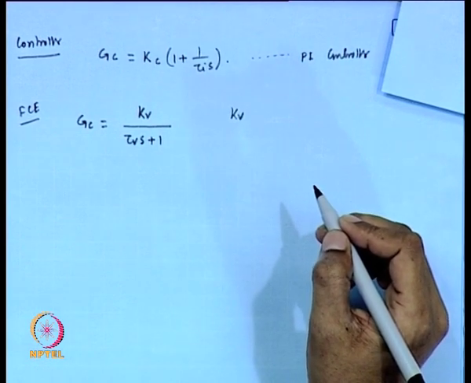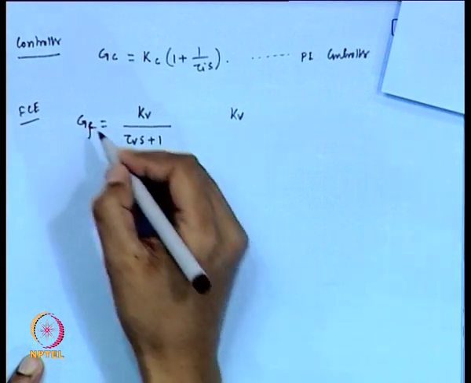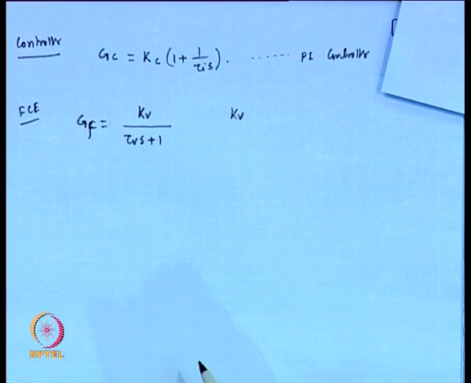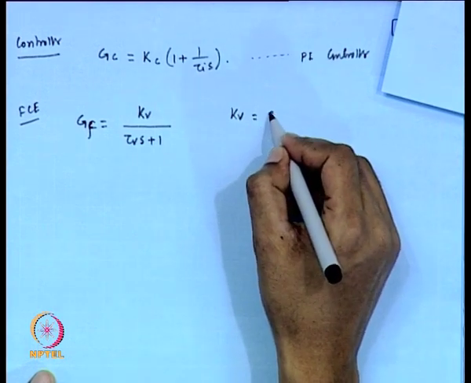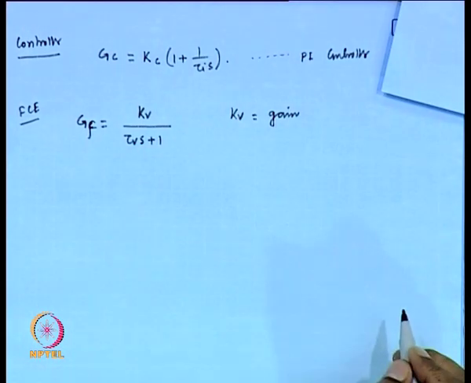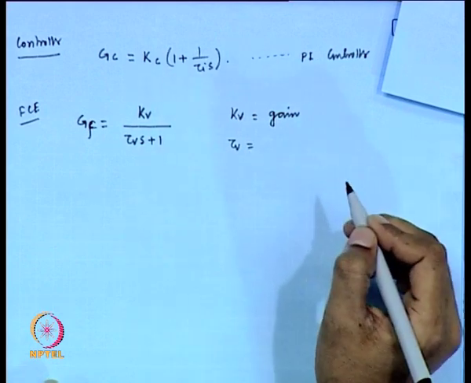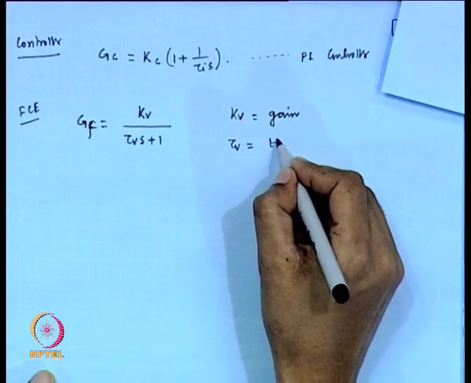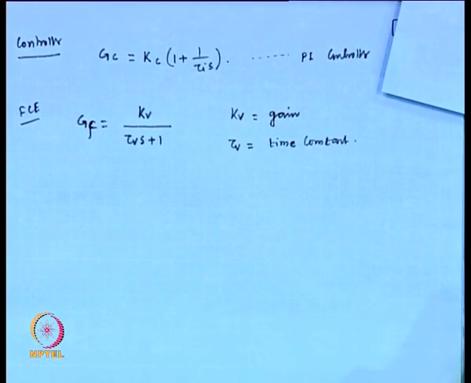K_v is the gain of the control valve and tau_v is the time constant.